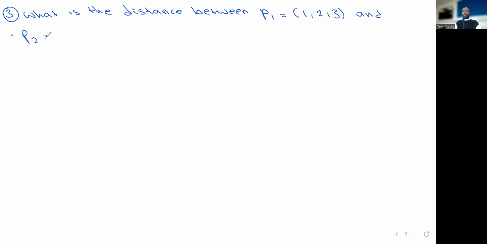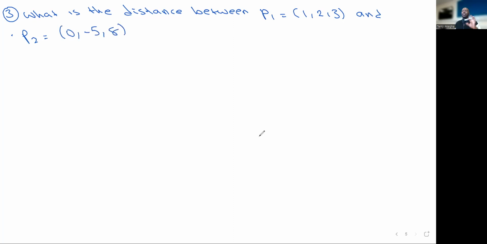What is the distance between P1 equal to 1, 2, and 3, and P2 equal to 0, minus 5, and 8.